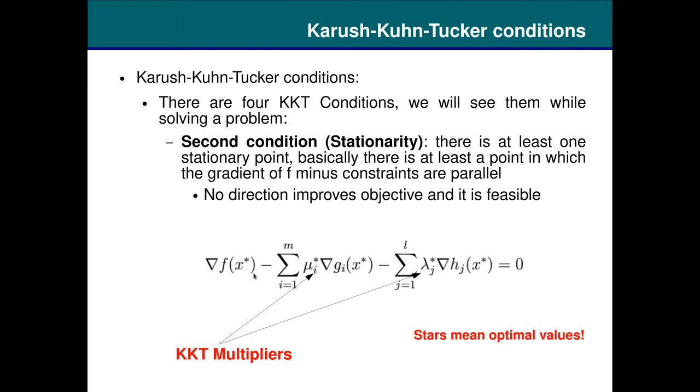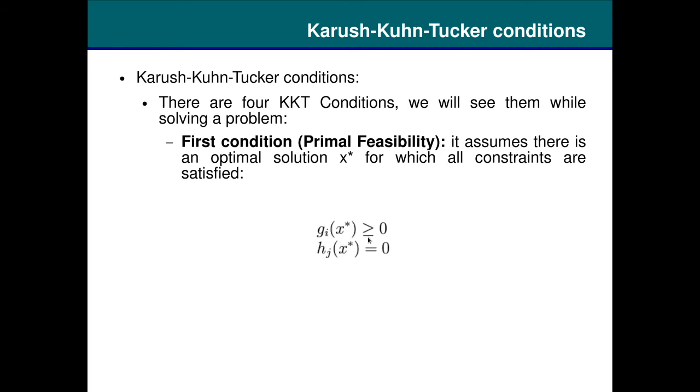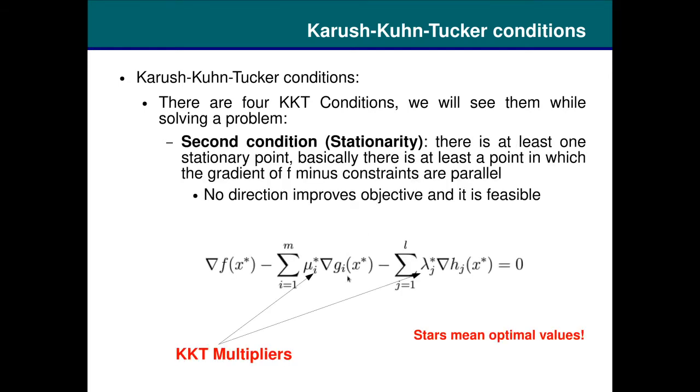You see, I have the gradient vector of my optimization function. Here I have the gradient vector of my constraints, where, you remember, g are related to inequality constraints. Remember, this is the same as the Lagrange multipliers. I'm solving for this.